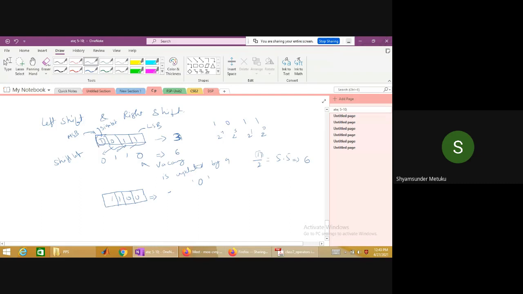When you assume that this is a sign bit, only 3 bits are going to represent your magnitude. 011. What is 011? 3. So 3. When you do the left shift, this 1 is coming here, this 1 is coming here, and 0 you are trying to overwrite. The value is coming as 6. So is multiply by 2 happening for the left shift?